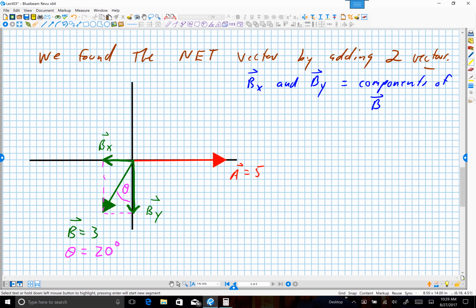And so I'm going to choose to take the off-axis vector b and break it up into its components. Instead of thinking of vector b as this line that I've drawn initially, I'm going to think of b as the sum of bx and by, which is exactly what we just did.